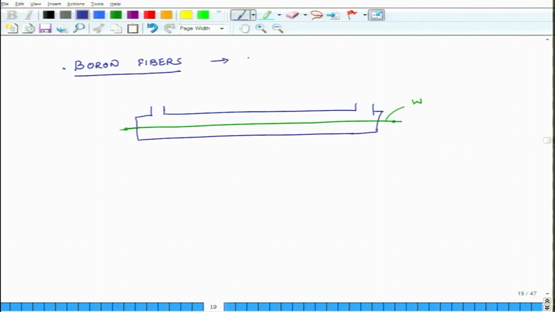So, boron deposition through CVD process, okay, through CVD. What is CVD? Chemical vapor deposition.